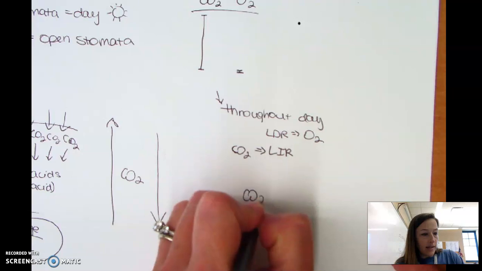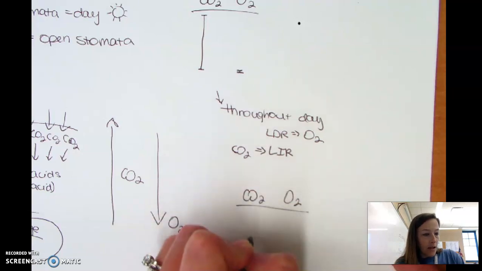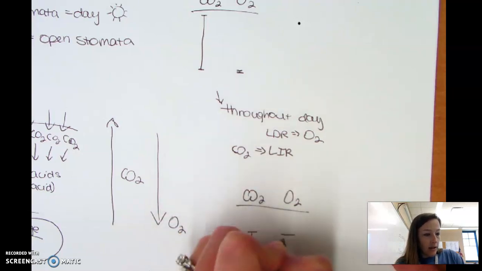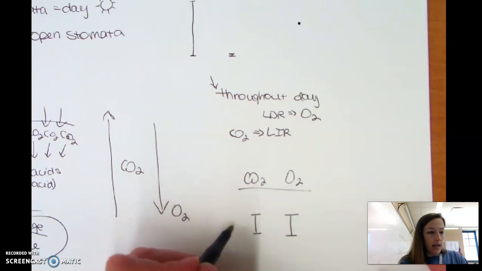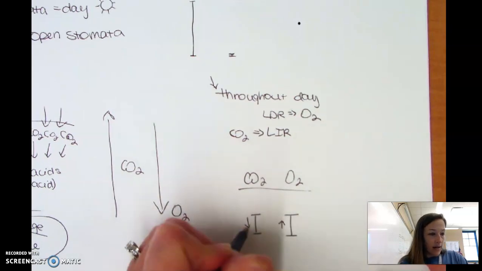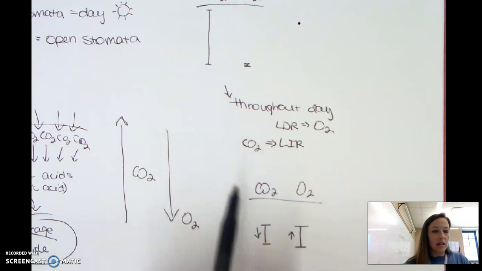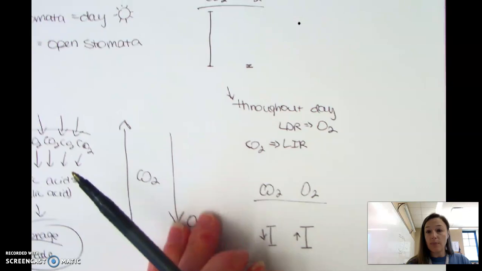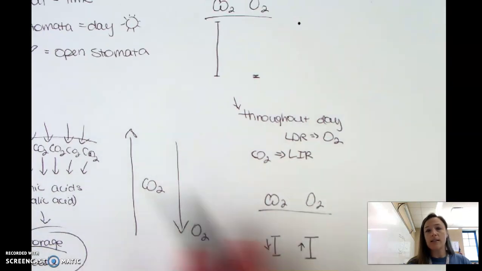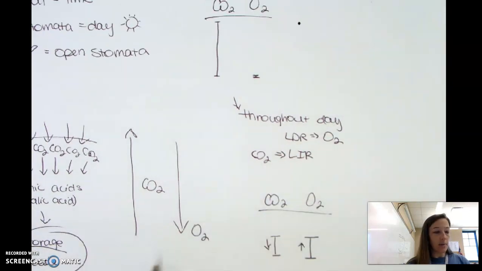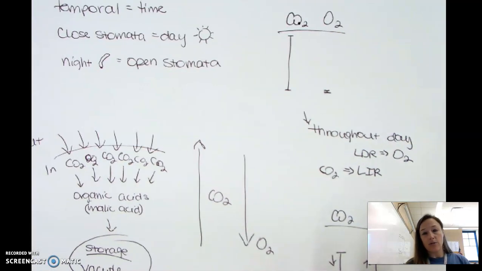As the day goes on, we're going to see our CO2 levels dropping and our oxygen levels rising. We may see some photorespiration later in the day, but compared to a C3 plant that doesn't have any way of handling this, we see very little photorespiration compared to those. So again, CAM plants are doing a temporal process.